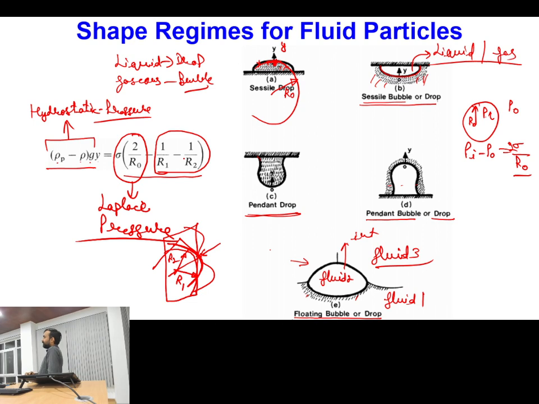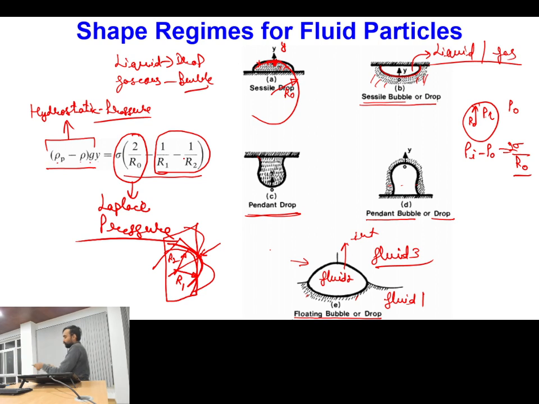Is this one clear? So if you have any arbitrary shape, what you need to do? First you need to draw a normal to that, and then make a plane which is parallel to that normal and intersecting at that point. In that plane, whatever curve you can fit through that particular body will give you one principal radius of curvature.